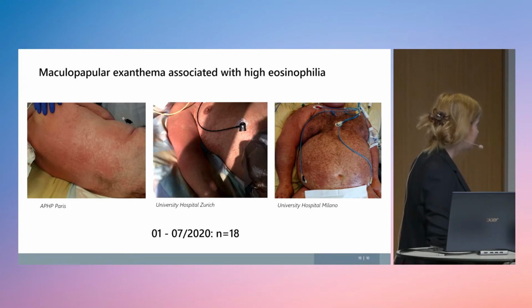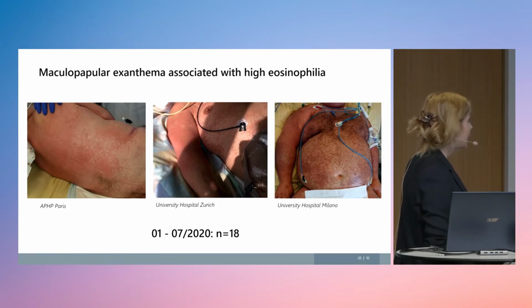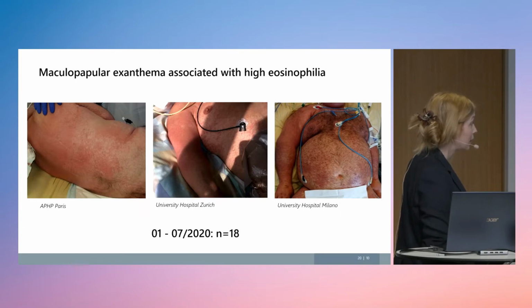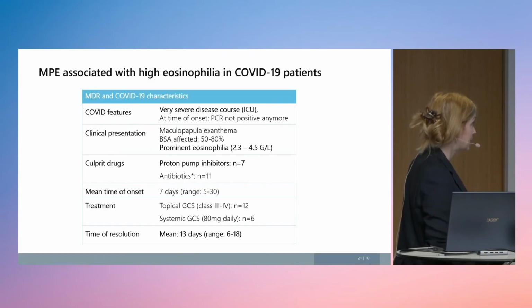exanthema. And when we talked to colleagues from Milano and also Paris, they actually saw similar cases. So this was quite in the beginning of the pandemic in 2020, and overall we had 18 cases like that. When we collected the clinical characteristics of these patients, what they all had in common was that they had a very severe disease course of COVID-19.